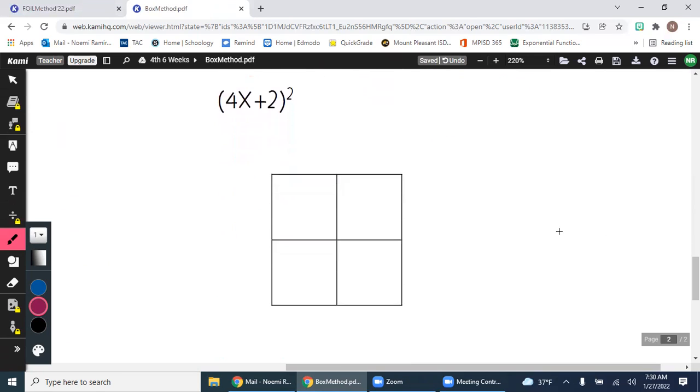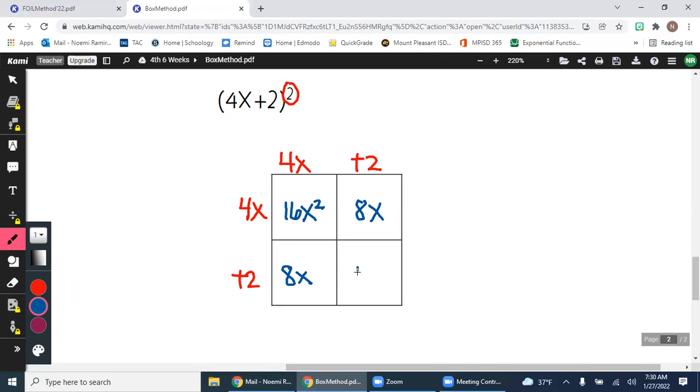All right, let's try that again. This time I'm going to do it without rewriting it. I know that the square tells us we're going to multiply the same thing twice. 4x plus 2, 4x plus 2, multiply first with first. 4 times 4 is 16, x times x, x squared. Okay, 4x times 2, 8x. 4x times 2, 8x.